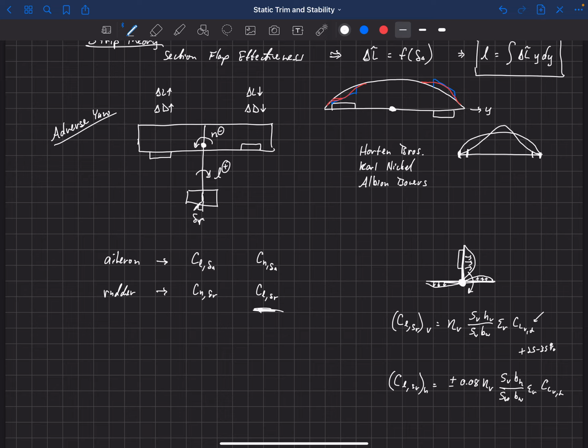And so we've got a plus or a minus here. You would use a minus if you're using a conventional tail, and you'd use a plus if you're using a T-tail. Okay, so that's what the plus minus there refers to.